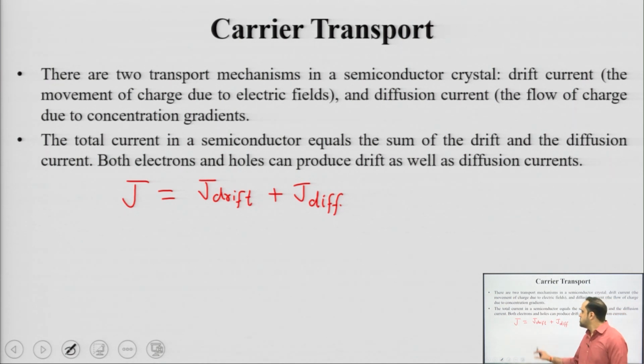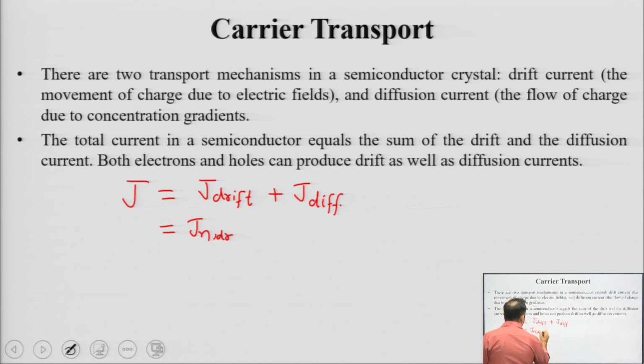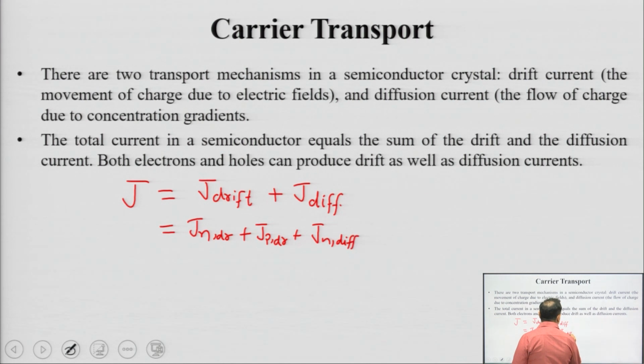So this drift current by itself can have a component because of electrons plus a component because of holes. Similarly, the diffusion current can also have a contribution from electrons as well as a contribution from holes.